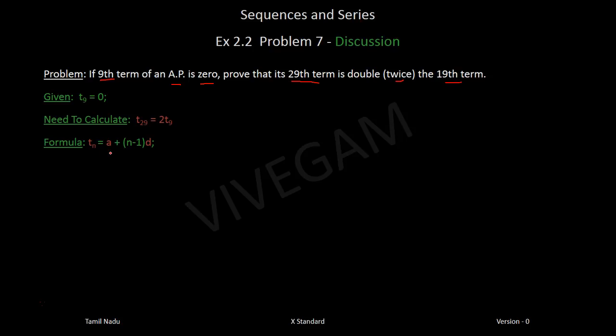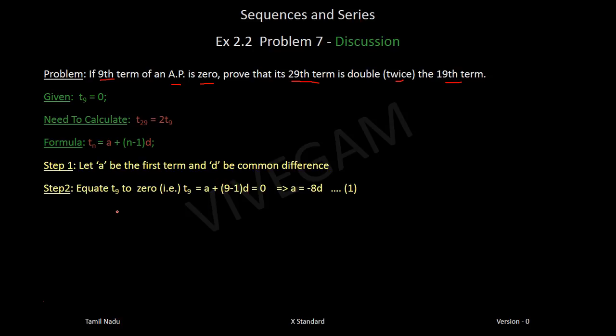I'll explain it. Step 1: let a be the first term and d be the common difference. Normal step, right? Unless we calculate a and d we will not be able to get any further. Equate T9 to 0, because that's what they have given. T9 is 0.